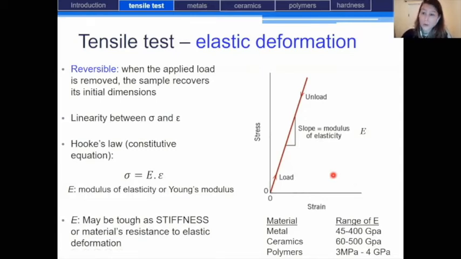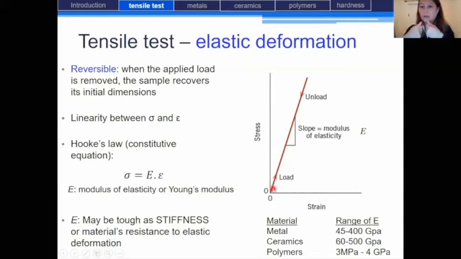So the lower the elastic modulus, the lower the material resistance to elastic deformation, the lower the stiffness. Okay. On the contrary, the higher the modulus of elasticity, the higher the stiffness.